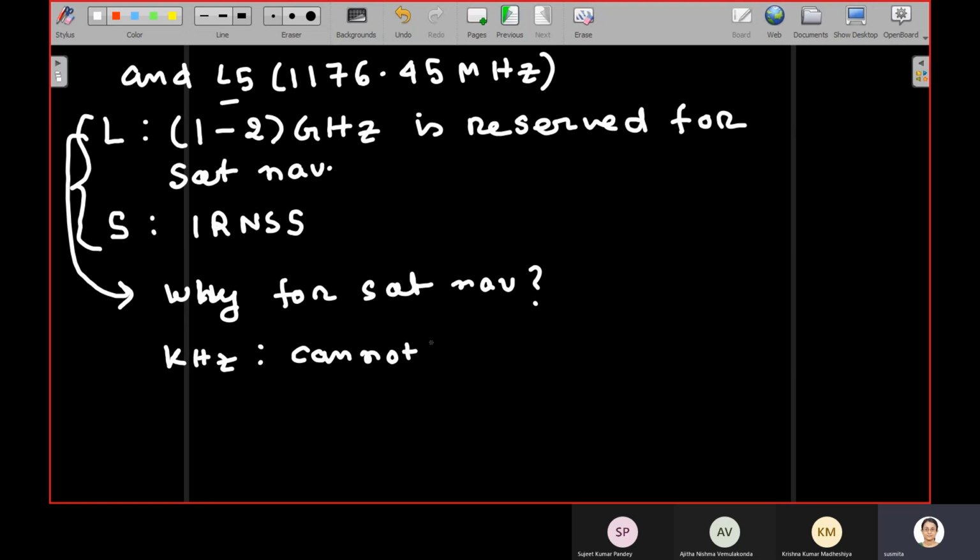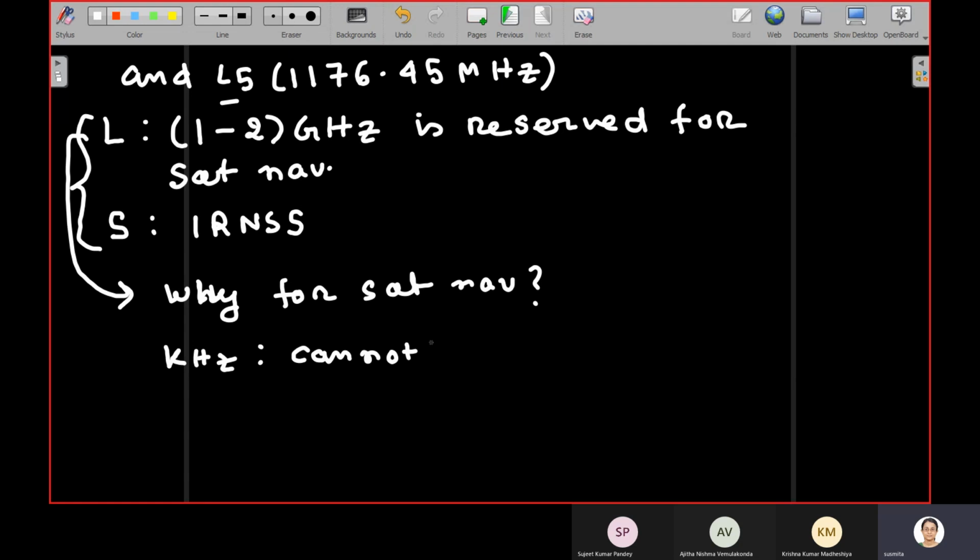See, satellites are far away, some 20 to 30,000 kilometers away. Satellite signals need to travel through the Earth's atmosphere and then reach the receiver. So they also have to travel through the ionosphere, the layer of charged particles in the atmosphere.